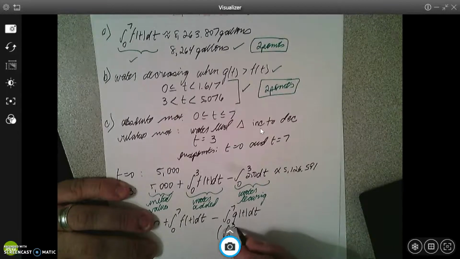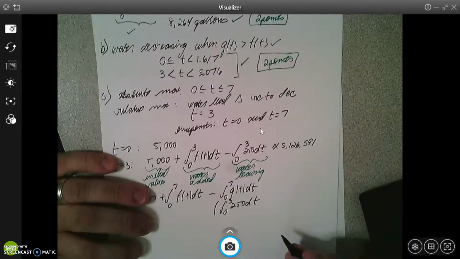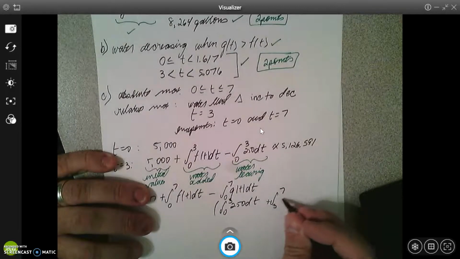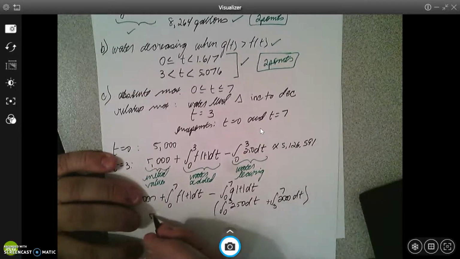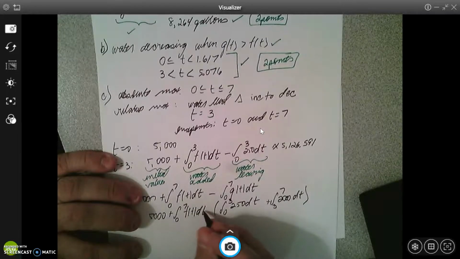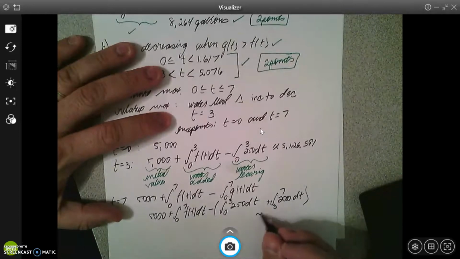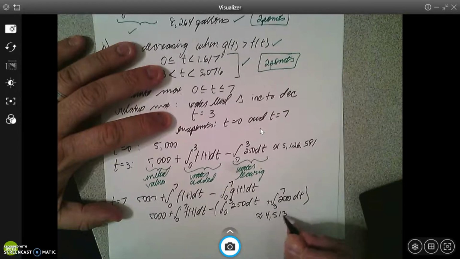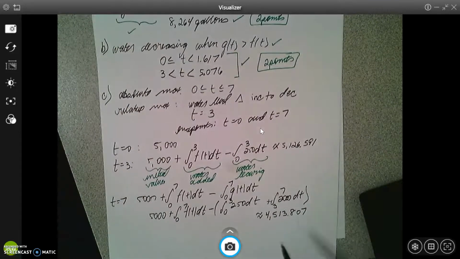And from 0 to 3, that rate is 250 gallons per hour. From the time interval 3 to 7, that rate is 2,000 gallons per hour. So I need 5,000 plus the integral from 0 to 7 of f of t dt minus this total over here. Because I'm running low on time, I'm going to cheat a little bit. And this is approximately 4,513.807 gallons. If you don't believe me, go to the calculator, type it in.